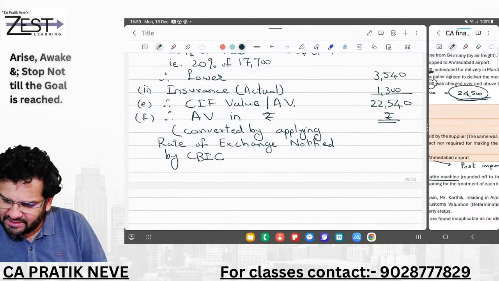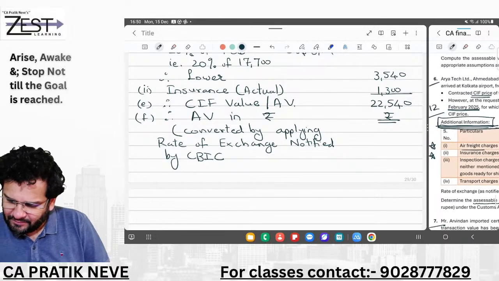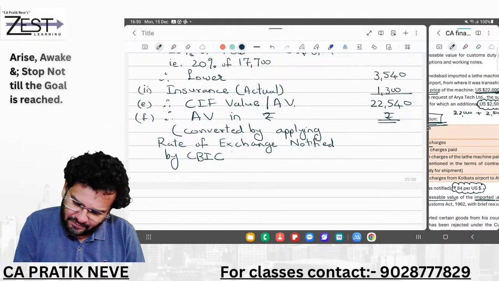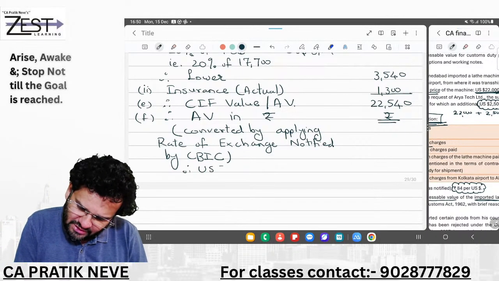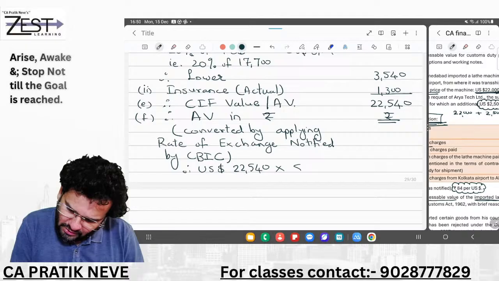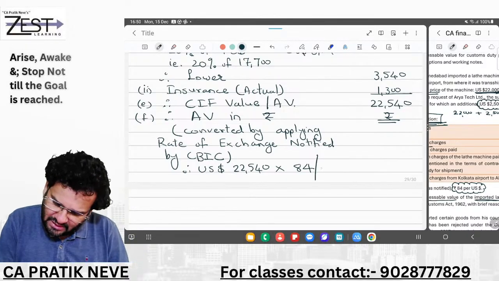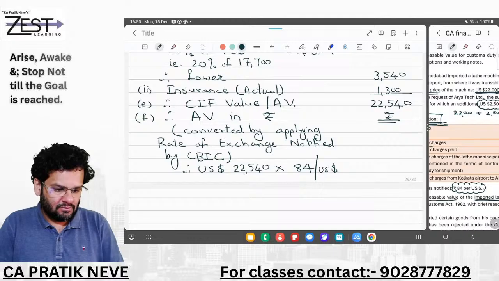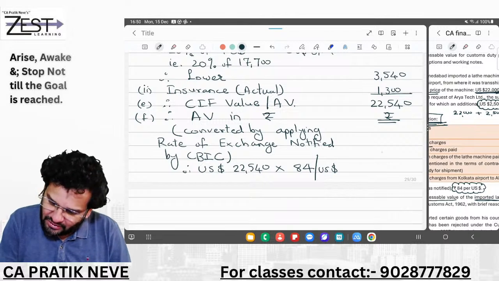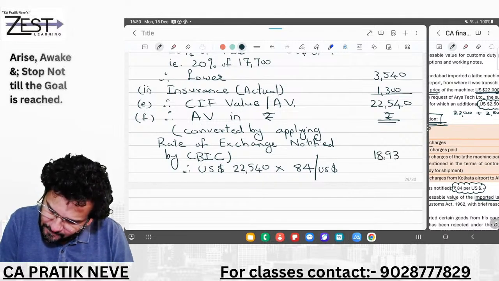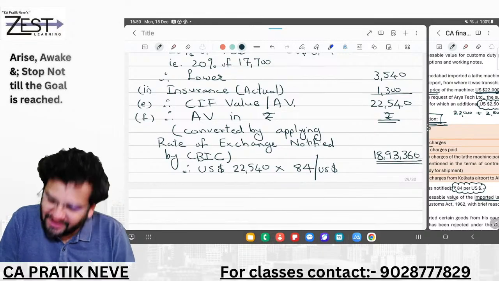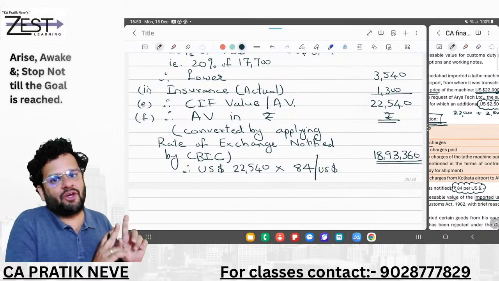It was given, friends, as 84. Rate of exchange as notified, it was given 84. So therefore US dollars 22,540 into 84 per US dollar. So you must be getting 18 lakh 93,360. Are you getting it, friends? So this is the perfect way of doing it.